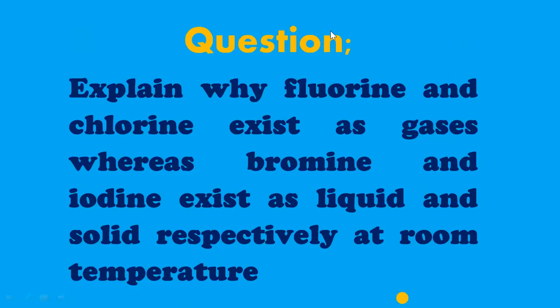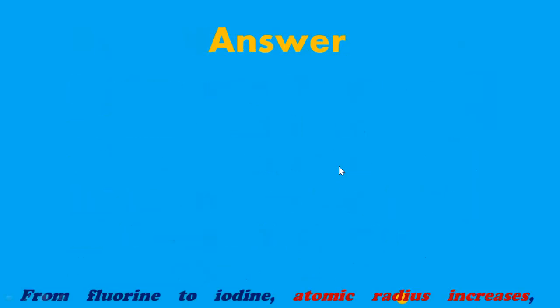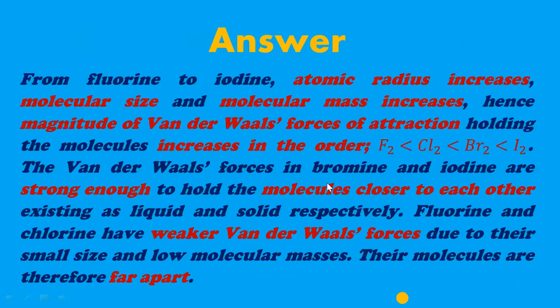And we explained why fluorine and chlorine are gases, whereas bromine is a liquid and iodine is a solid at room temperature. We went ahead to explain that.